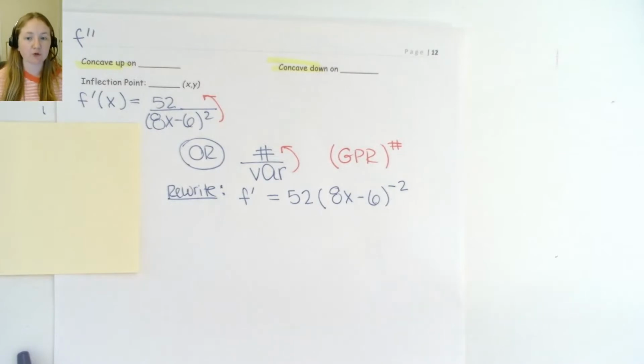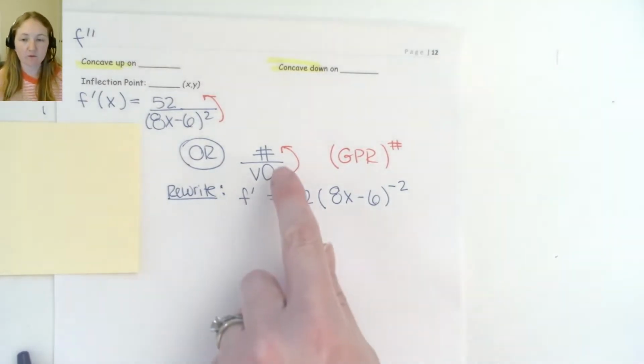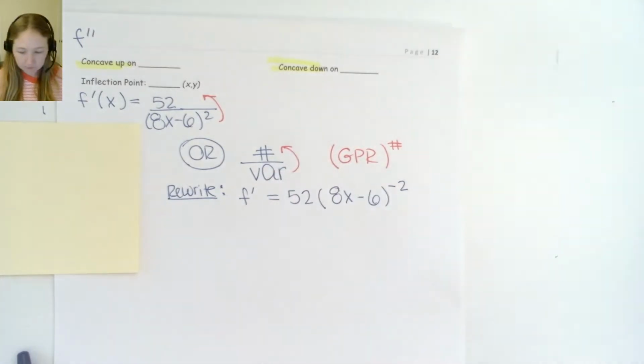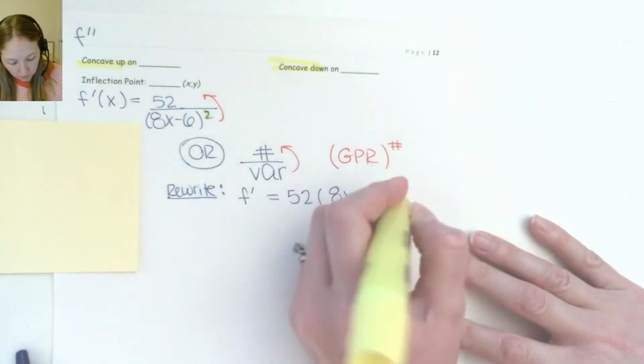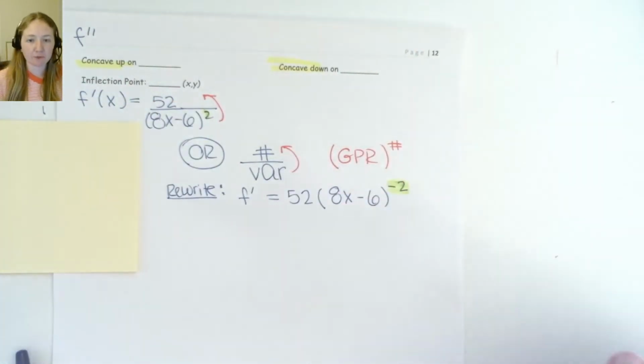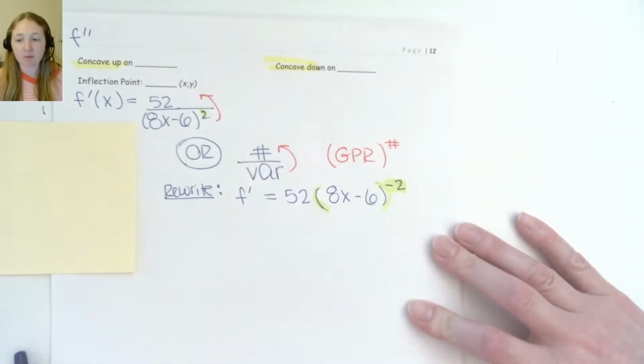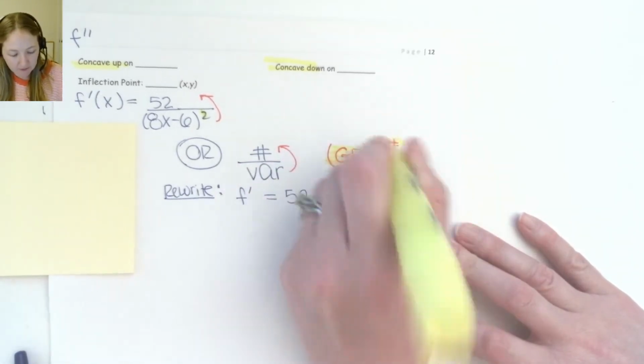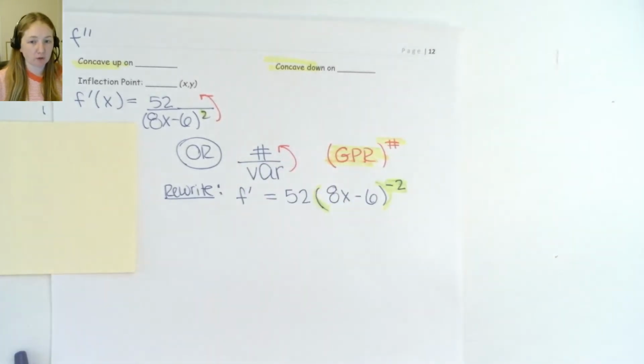I can simply bring the variable quantity up. This positive 2 will come up as a negative 2. And then the help there is that after you do that, you see that you have parentheses to a number, and anytime we have parentheses to a number, we can use our general power rule.